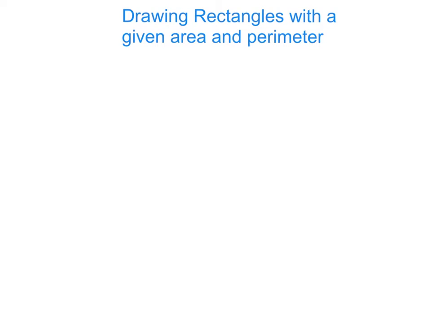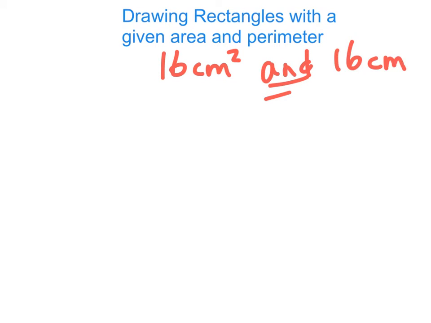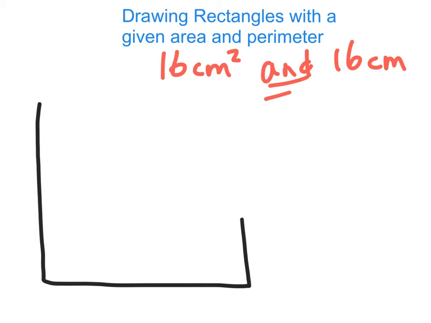Okay, let's say that you are looking for a rectangle that has an area of 16 centimeters squared and a perimeter of 16 centimeters. Well, the first thing to do would be to draw a table. So let's take our time and draw a nice neat table.